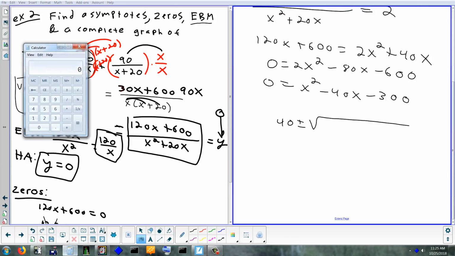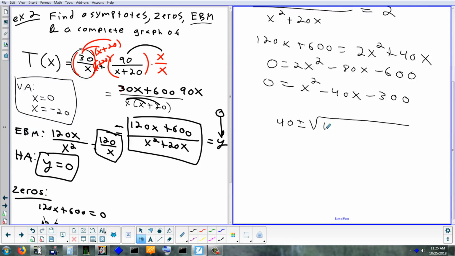What's that? Negative 40 squared. Yeah, I was going to show people how to do it, but I'll just do it then. Plus or minus the square root of 1600, so it's just 40 times 40. b squared minus 4ac, all over 2.